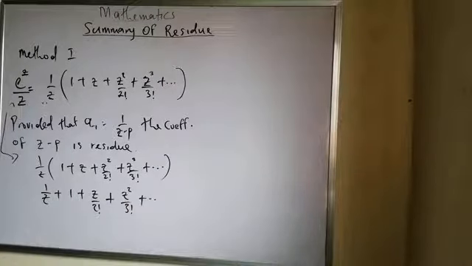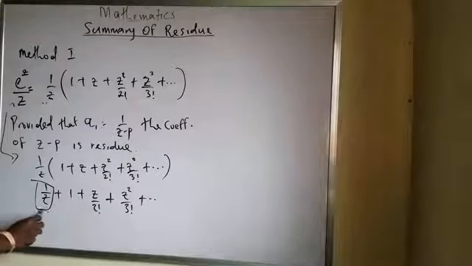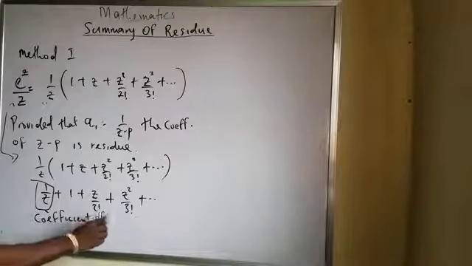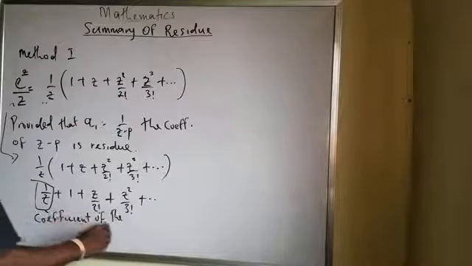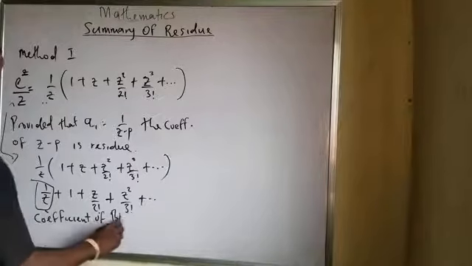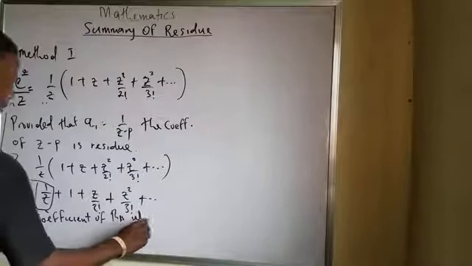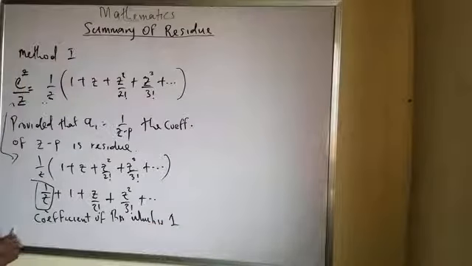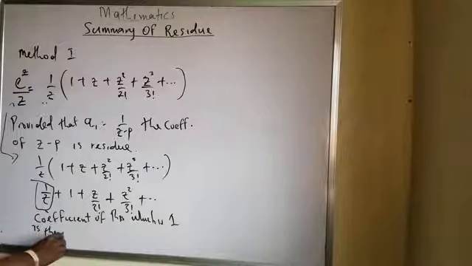The coefficient of 1 all over z is 1, and that 1 is our residue.